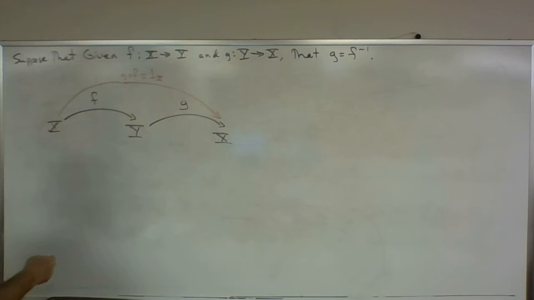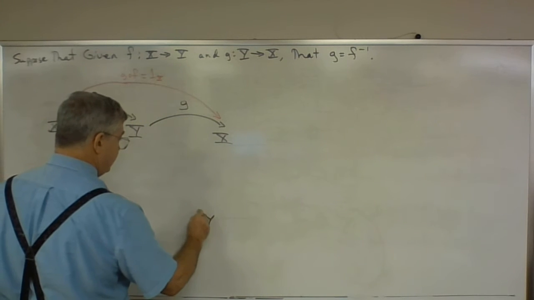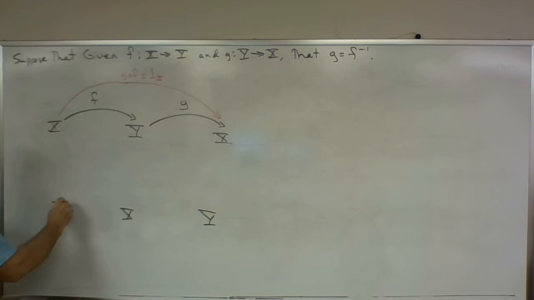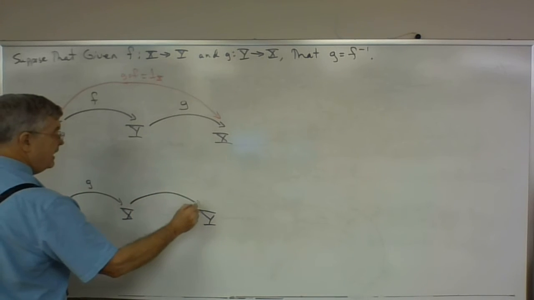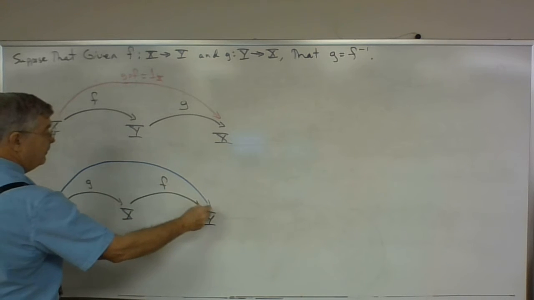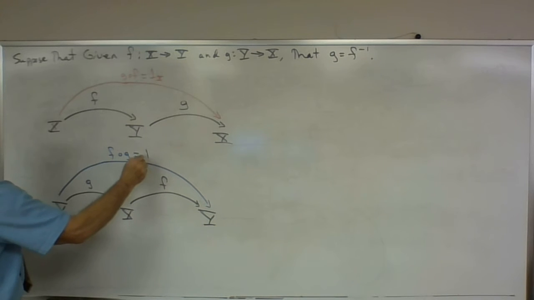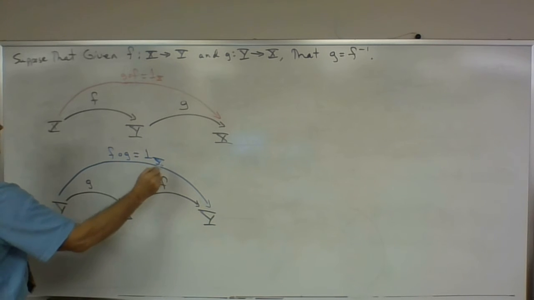And we also have this. We have g from set y to set x and f from set x to set y. And the composition of the two, I think I'll use a blue pen here, f composed with g is the identity on set y.